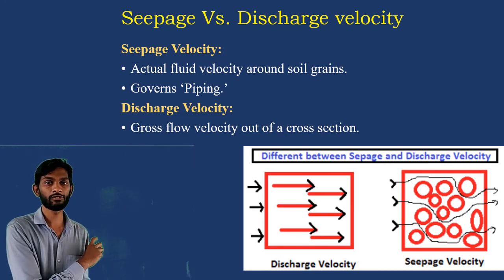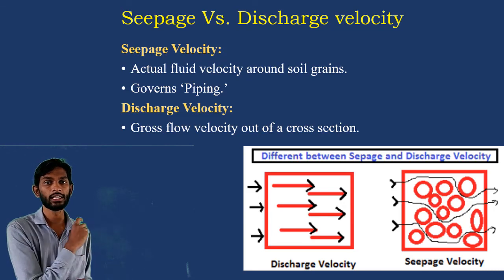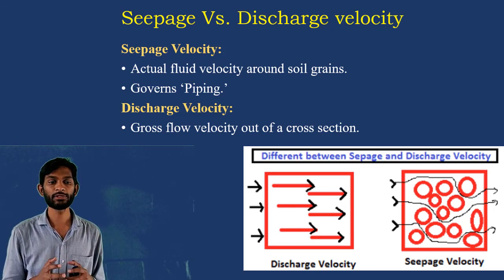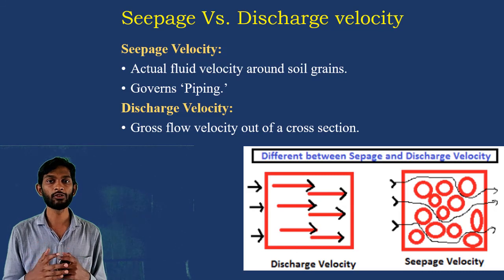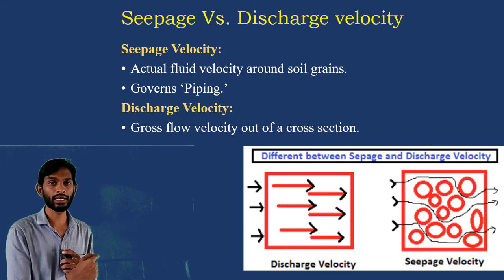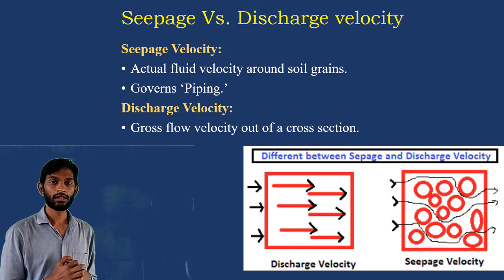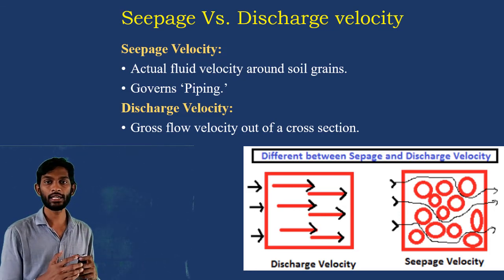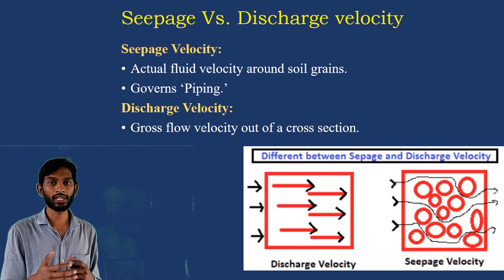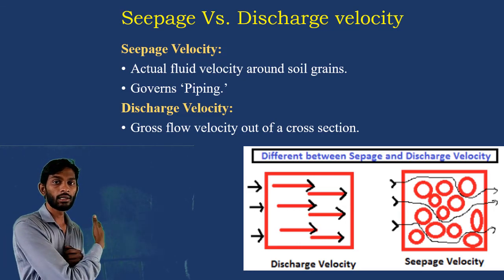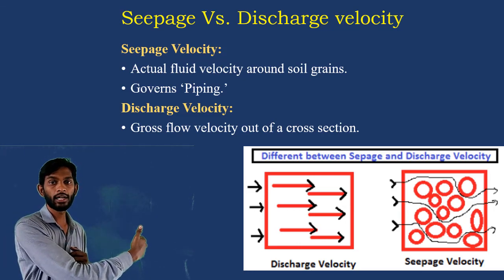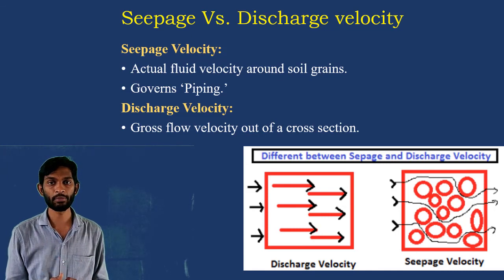So this is the simple difference between seepage velocity and discharge velocity. Seepage velocity is the actual fluid velocity around the soil grains. You can observe the water flowing in between the soil grains. Whereas discharge velocity is the total amount of water that flows from the starting end to the end point of the soil sample.